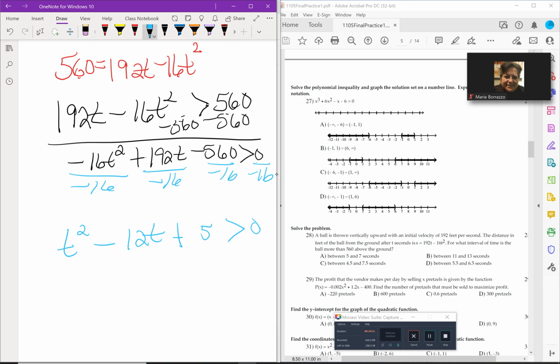So it's positive 35. So two numbers that multiply to give me 35. I'm thinking 5 times 7 because that'll also add up to give you 12. So I get t minus 7 and t minus 5, greater than 0. So my two solutions would have to be 7 and 5, or 5 and 7 respectively.